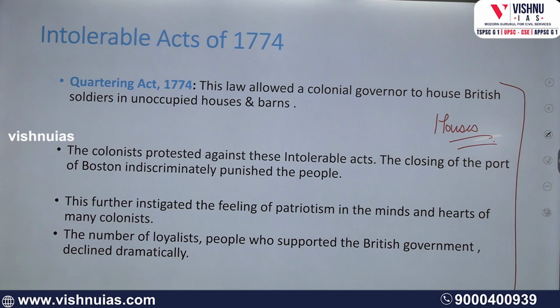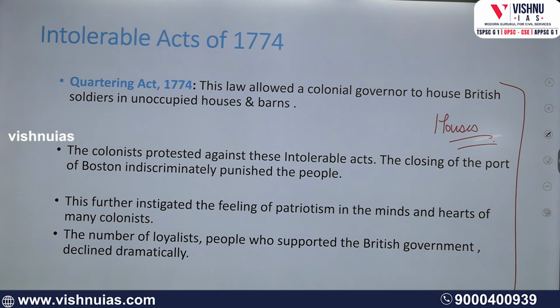Then we had the Townshend Duties, the Boston Tea Act, then the Boston Tea Party, then we just now saw the Intolerable Acts. 6-7 points we discussed. Now all of you tell me, don't you think after all this has happened, invariably the Americans would be pissed off? They would be very, very angry at whom? British. Don't you think the ground is totally prepared that now the war of independence should begin?